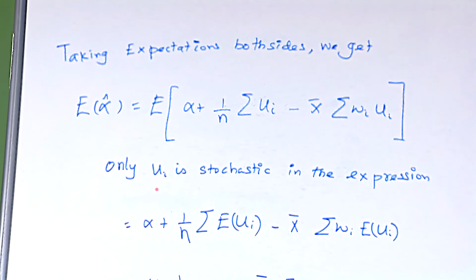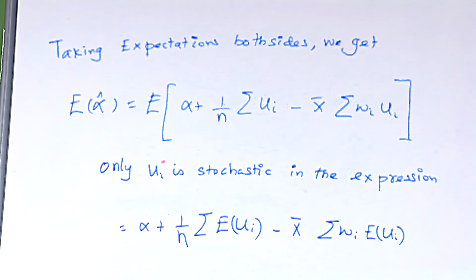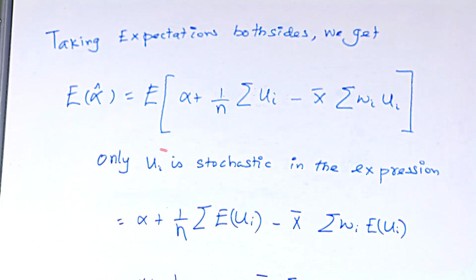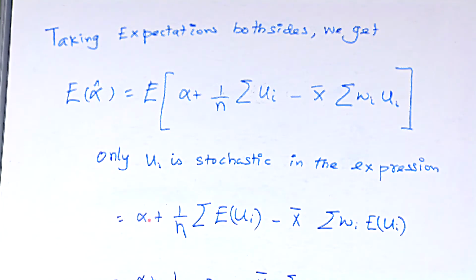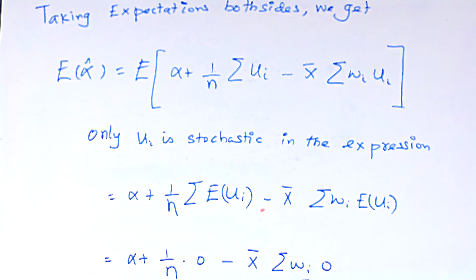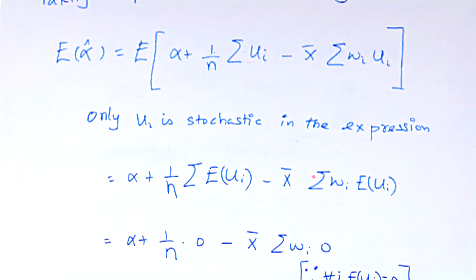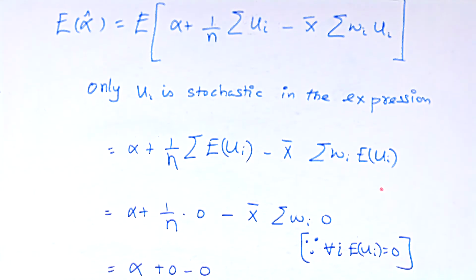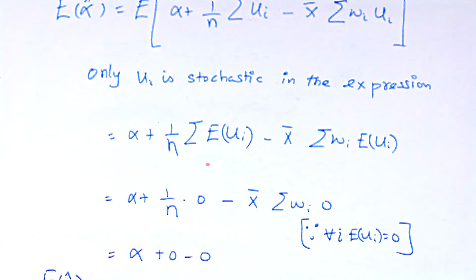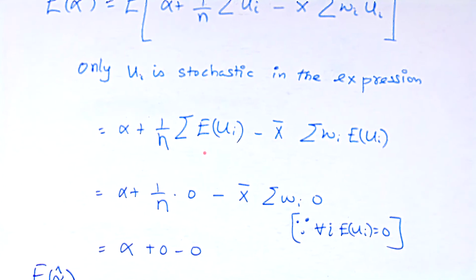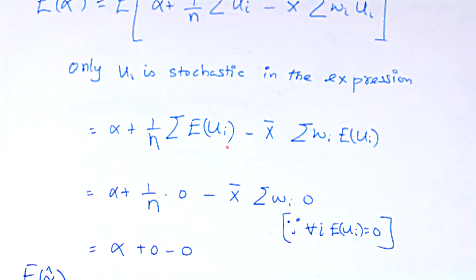We all know in this expression only ui is stochastic. Now taking expectations inside, we get alpha plus 1 by n sigma expectation of ui minus x bar sigma Wi expectation of ui. We already know by the OLS assumption that expectation of ui is 0 for every i.